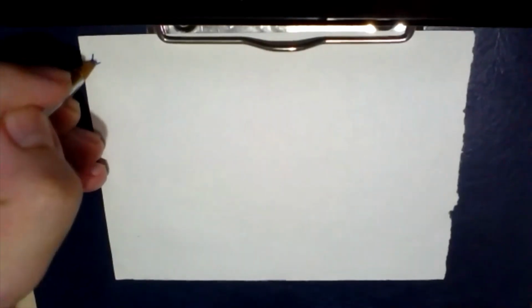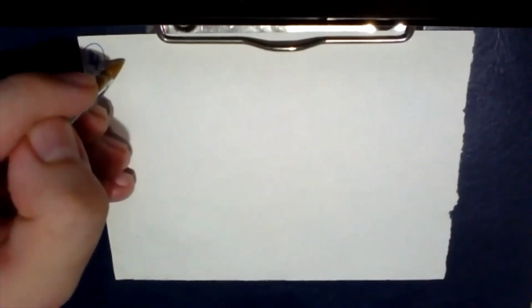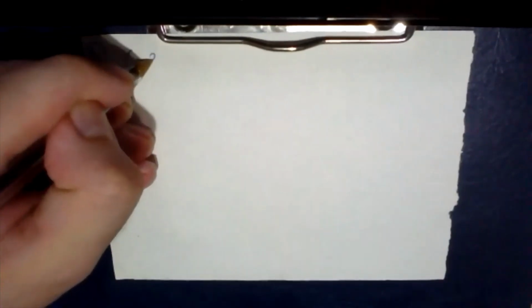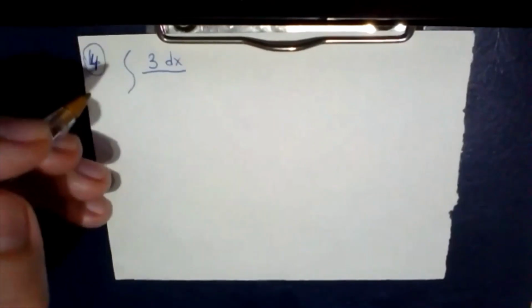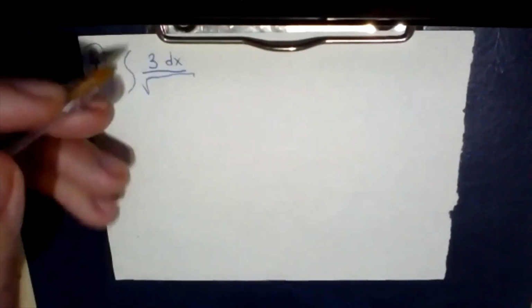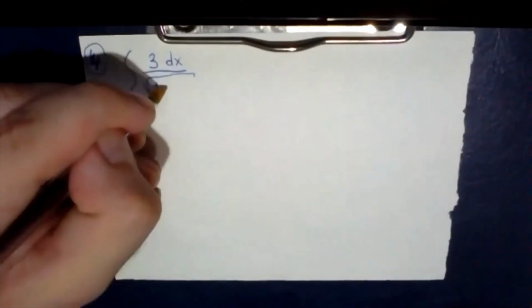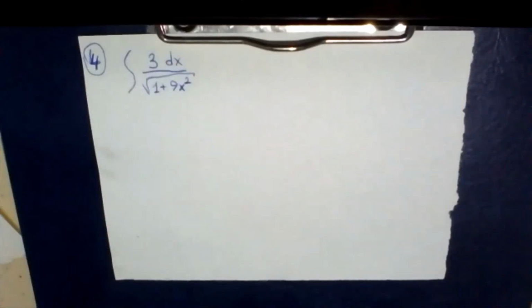It looks like the first question, but I especially chose that question to emphasize their difference. 3 over square root of, the previous question was 9 plus x squared, but this is 1 plus 9 times x squared. So what is the difference here?